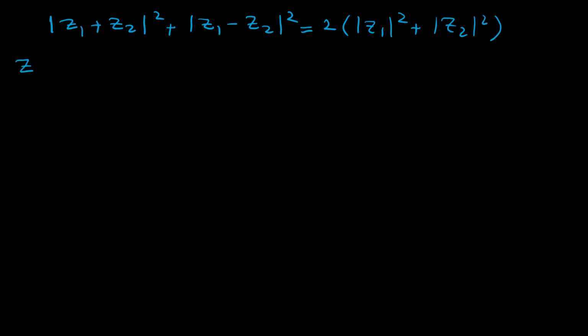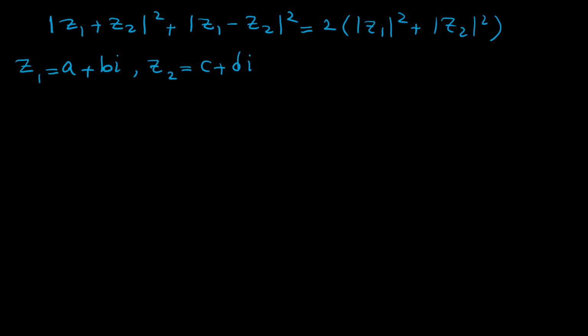In this method, we suppose z1 to be a plus bi, because z1 is a complex number. And we suppose z2 as c plus di. We know that any complex number can be represented in this form.